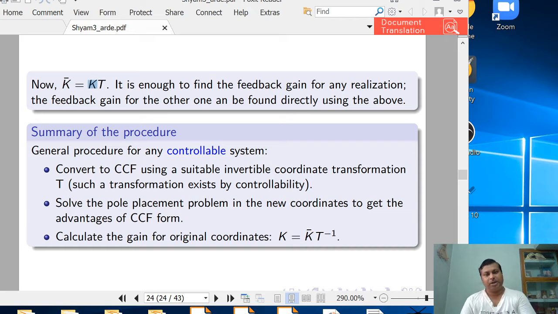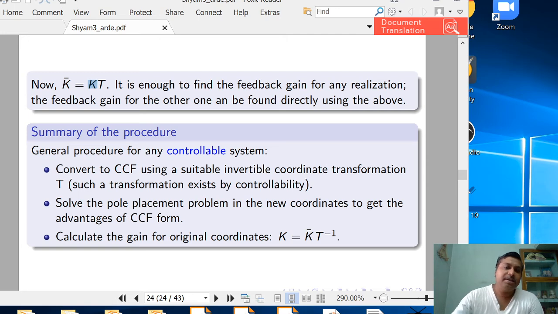Once you transform the system to controller canonical form, you get the advantage of calculation I have already shown. At the last, you have to transform back to the original coordinates, that is, to calculate the gain matrix K in the original coordinates, you have to multiply K bar into T inverse.